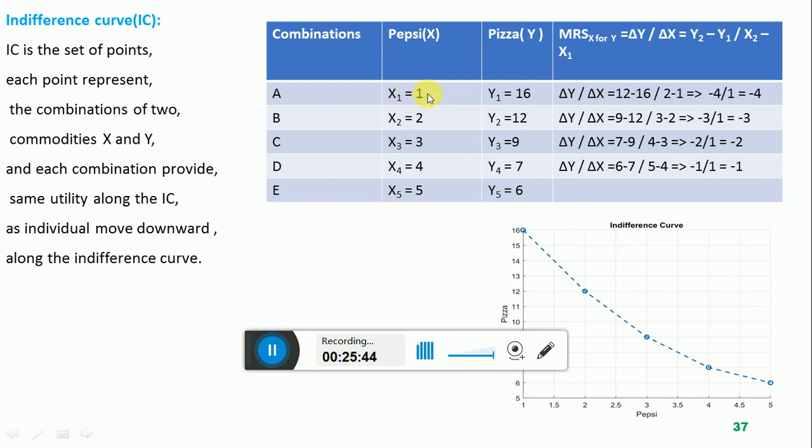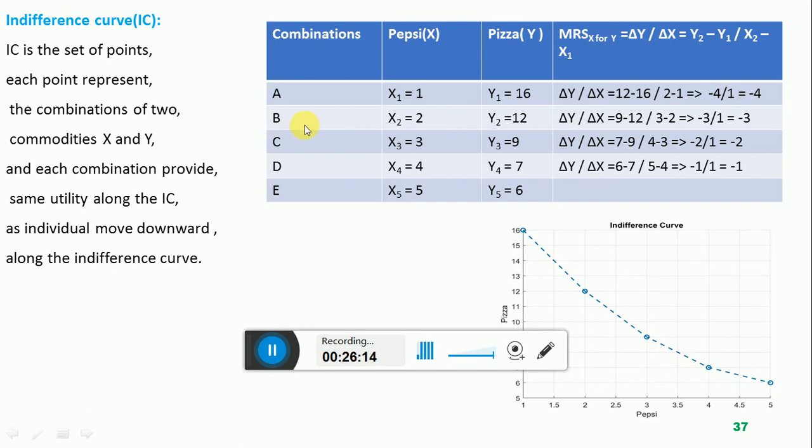So when the consumer reduces 4 pizzas, total utility will decrease by 4. But when the consumer again increases one Pepsi, the marginal utility of Pepsi is 4. So again total utility increases to the same level. Because of decreasing pizza, 4 units of utility decrease, but because of increasing Pepsi, utility again increases to the same level and utility remains the same.